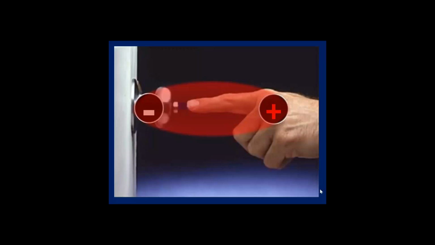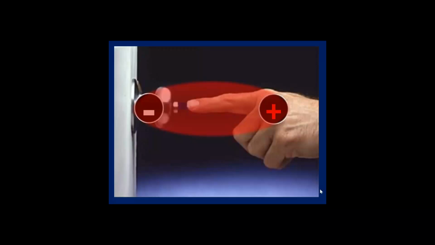Remember, I said ground is ground the world around. So this doorknob really isn't ground, it's probably neutral. But neutral is still either less positive or less negative than what your body is. As you draw near to that doorknob, that electrostatic field intensifies between the positive and negative charges. And the closer you get to the doorknob, the stronger the field becomes.